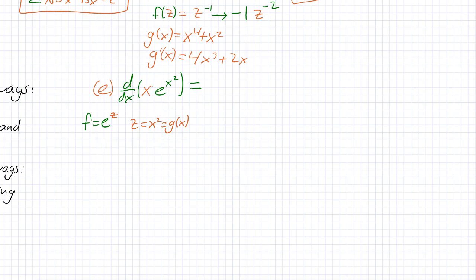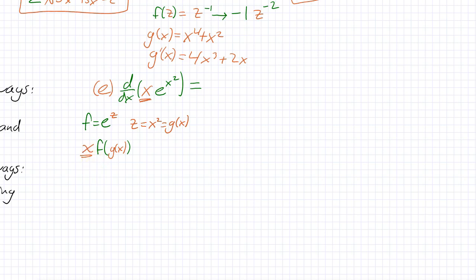then when you do what we have here, f of g of x, that would just be the e to the x squared part, but we also have this other x in front of it here, and the chain rule doesn't tell you what to do with the other x.